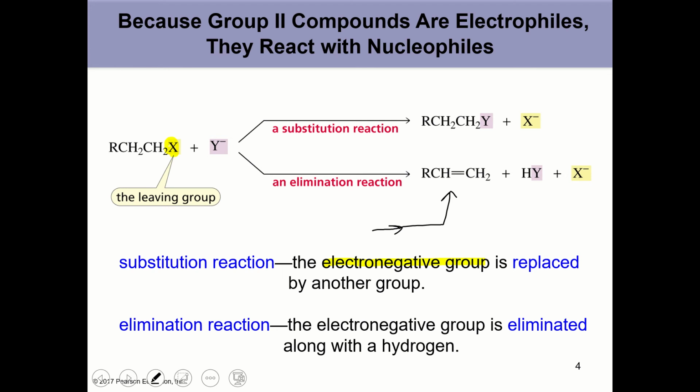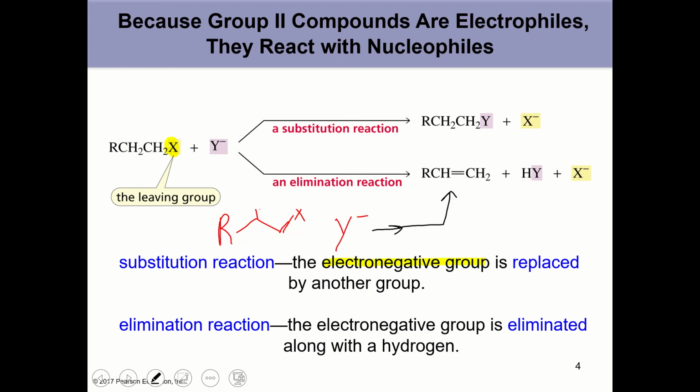In an elimination reaction, the electronegative group is eliminated along with a hydrogen. So X leaves and a nucleophile removes the hydrogen from the group, and in the process we make an alkene.